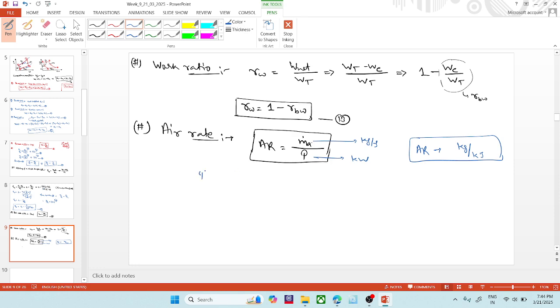We know that this power would be the mass flow rate of air times the net work from the turbine, the net work from the cycle.